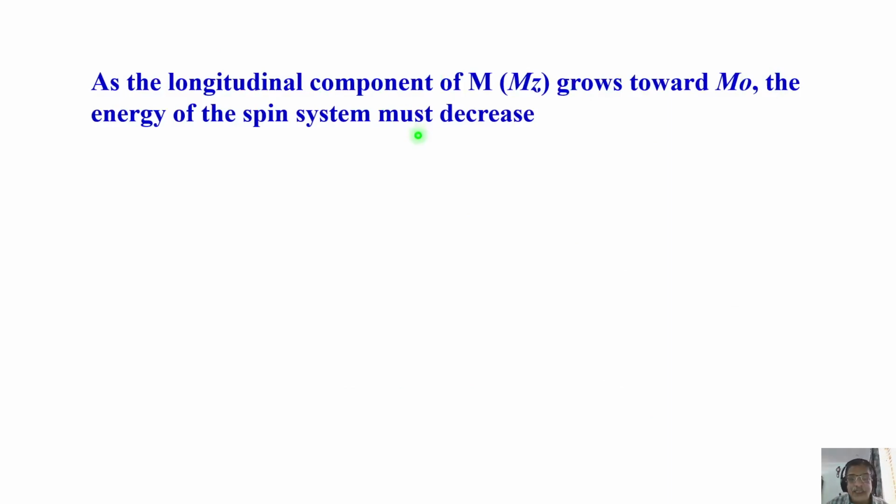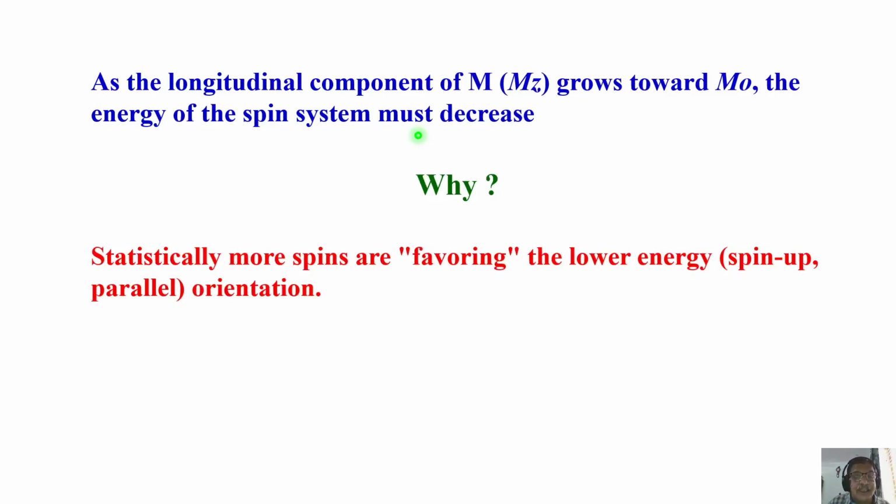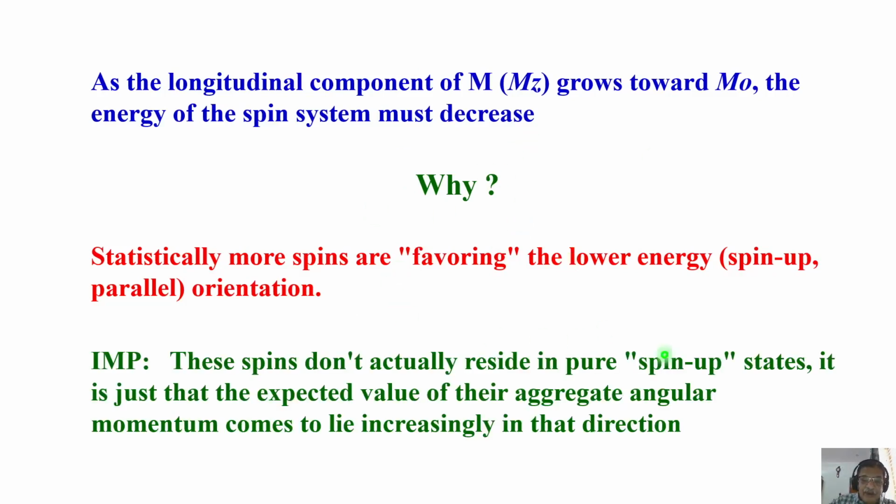Now, as the longitudinal magnetization grows to M naught, it has to lose energy, I said. Why should it lose the energy? Because statistically, more spins favor the lower energy, that is the spin up orientation, than the other orientation. As a consequence, it has to lose some energy. An important point to remember: spins do not actually reside only in the spin up state.